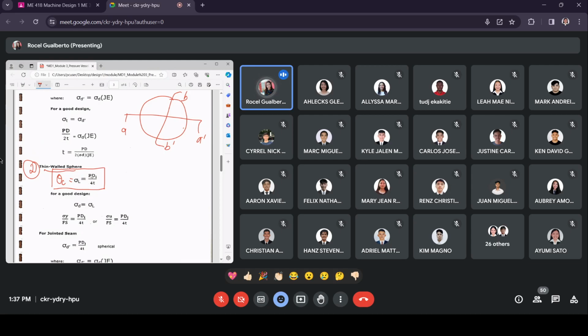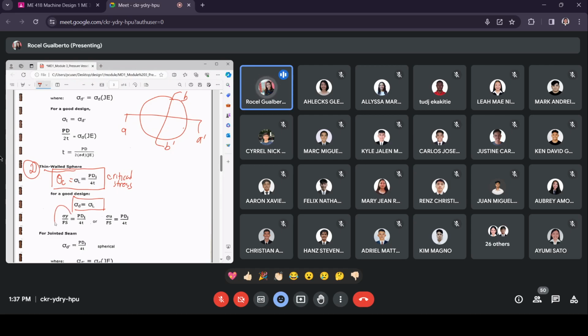Again, P pertains to the pressure inside, D the diameter, and T the thickness of the plate being used. If these two are equal, then this is also your critical stress. In design, we equate the design stress to the critical stress, sigma L or sigma sub C. So this is your equation: you equate the design stress to the induced stress of the material.